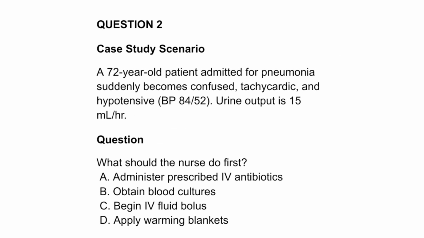Question 2. Case study scenario. A 72-year-old patient admitted for pneumonia suddenly becomes confused, tachycardic, and hypotensive. BP 84/52. Urine output is 15 milliliters per hour.